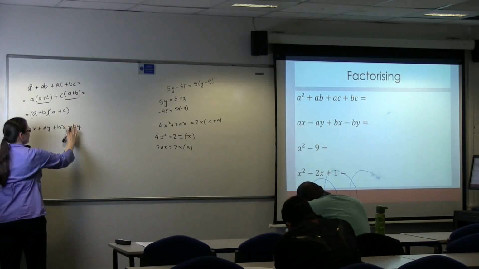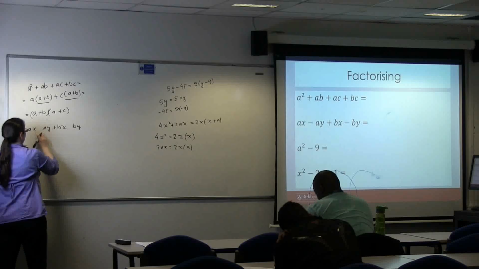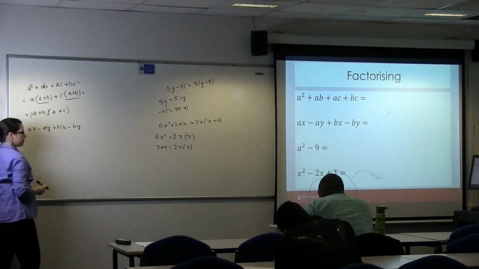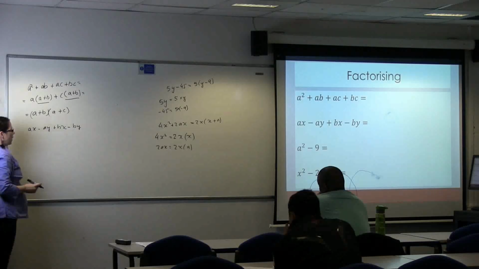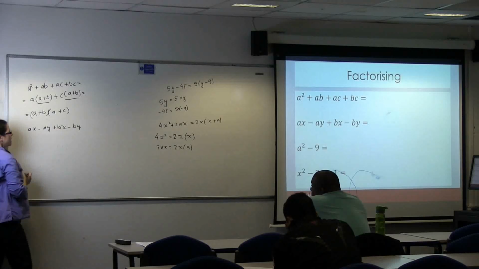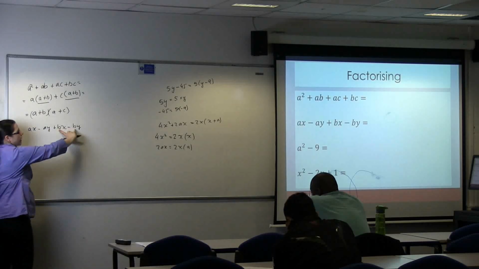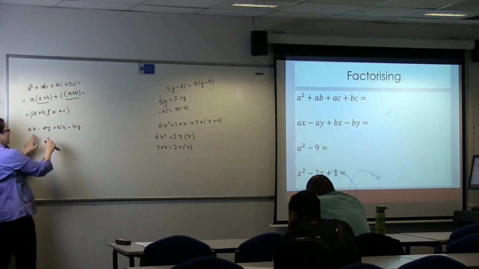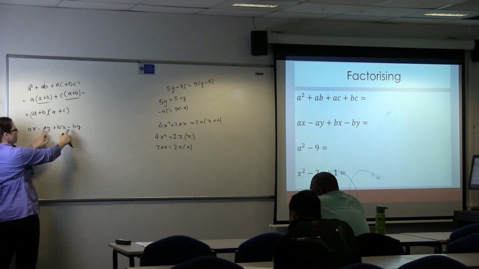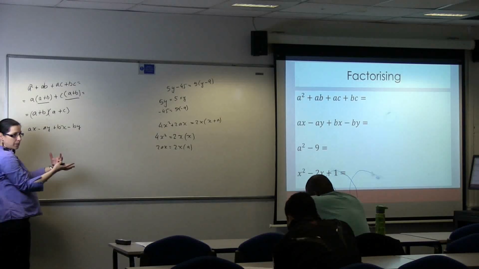Oops, that's not plus. So again, what I see here is a is common in the first two, b is common in the second two. But I can also spot that x is common in here and y is common in here. So again, it's a choice of mine which factorization I go with first.